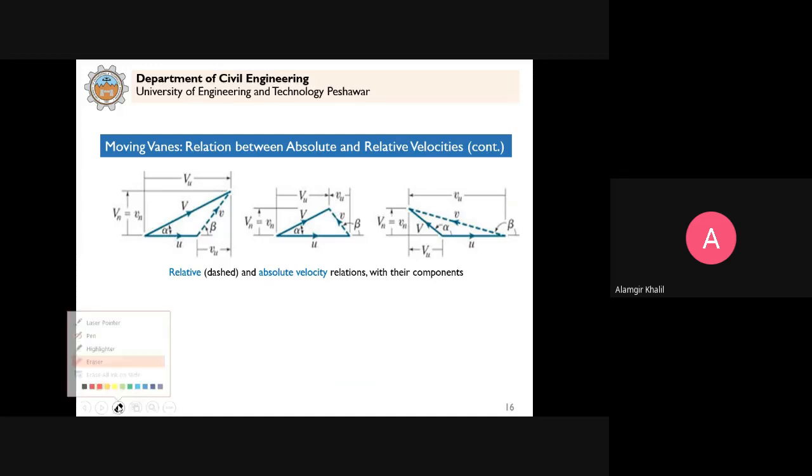Let us consider the first case. In the first case, we have this as the component of small v, and this is the vertical component of small v. So it makes an angle of beta. Similarly, for this V here, let's say we work on case 1.